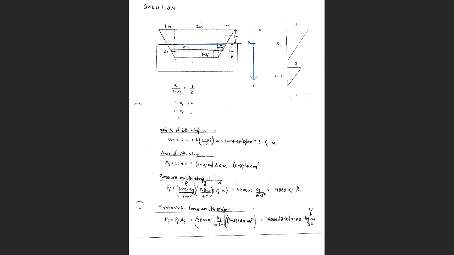Now, what we have to do is we have to say, well, okay, the trapezoid was 4 meters across. Okay, 4 meters across.